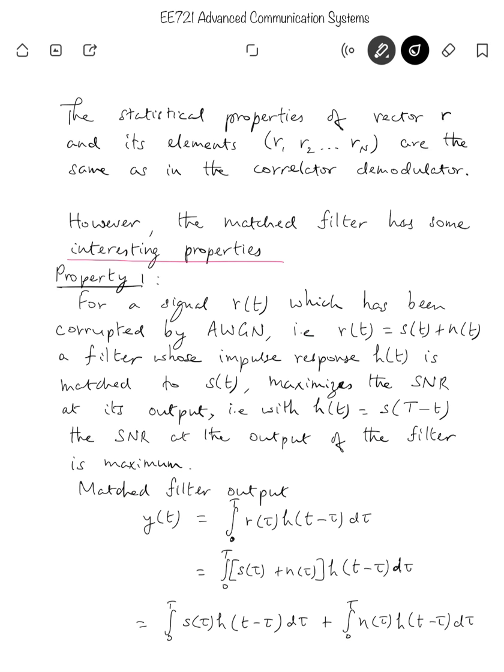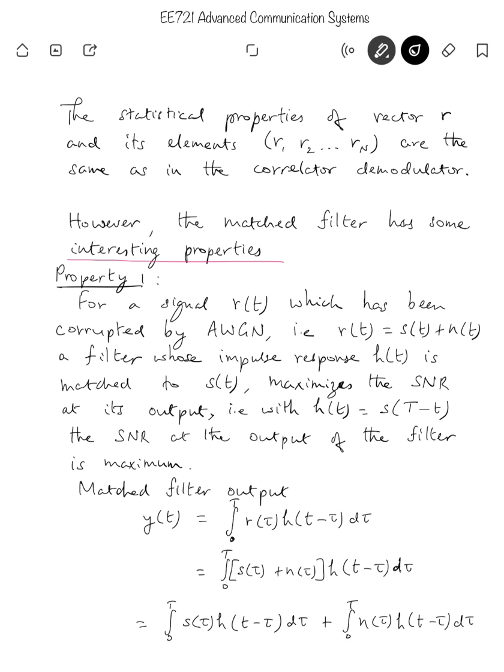Now let us look at some properties of the matched filter. But before we go into the properties of the matched filter itself, I want to reiterate that the properties of the received signal vector, and in particular the statistical properties, remain the same as in the case of the correlation receiver.